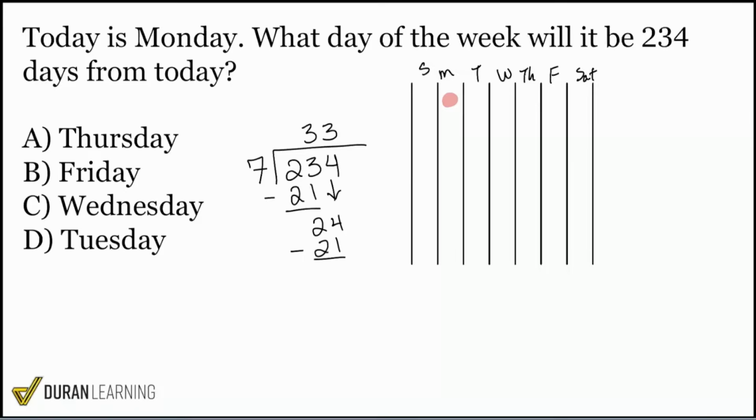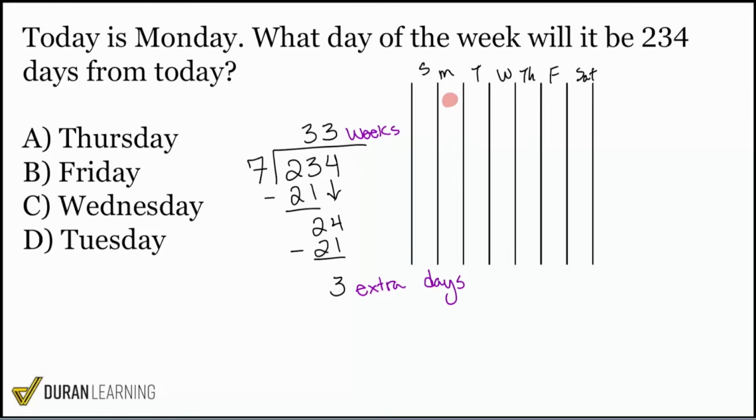Subtract the 21 and we have 3 remaining. So what does this mean, everybody? This means that if we're talking about what day will it be 234 days from now, that is the same as saying 33 weeks and 3 extra days.